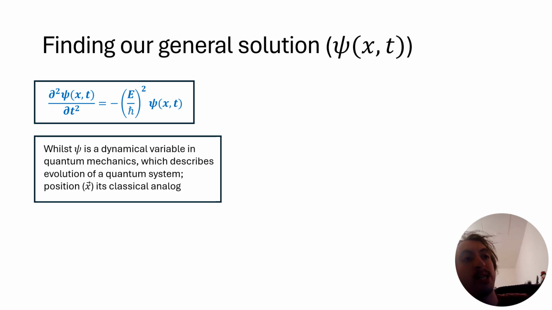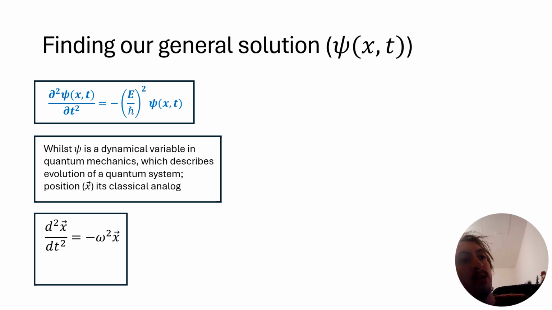So we just put an arrow over the x to indicate that this is the position in 3D space, often represented with a vector. But if the arrow is confusing, just ignore it. It doesn't matter for our purposes. I put it there to keep the classical equation applicable to 3D space, but it works just as well in a one-dimensional space. So if you don't want the arrow above the x, just ignore it. It's fine.